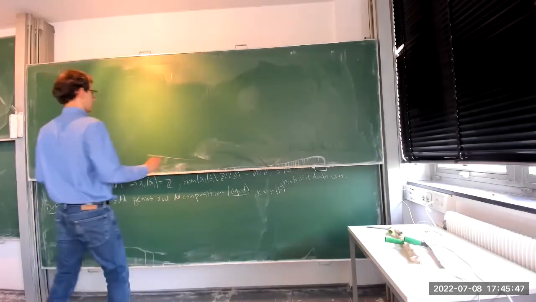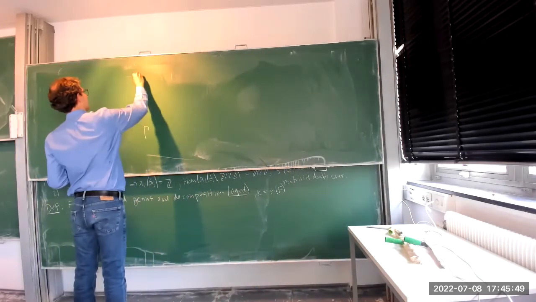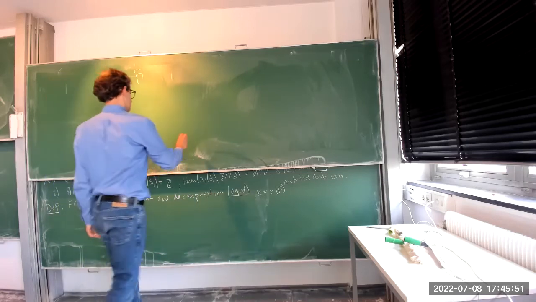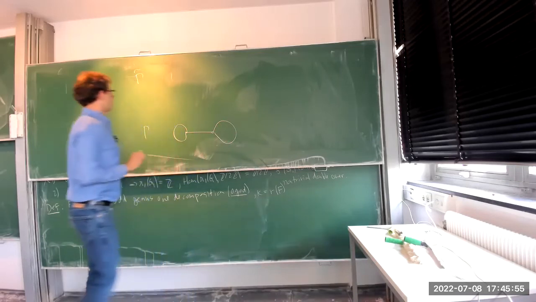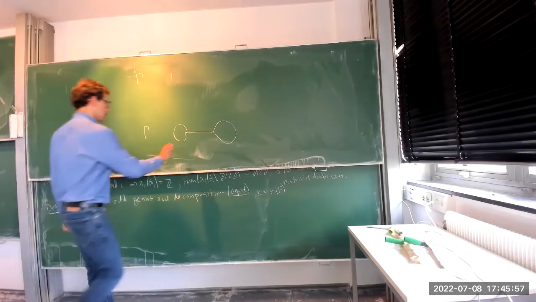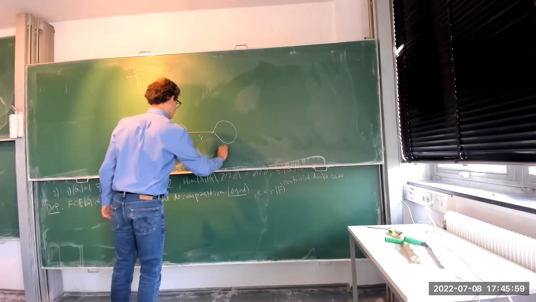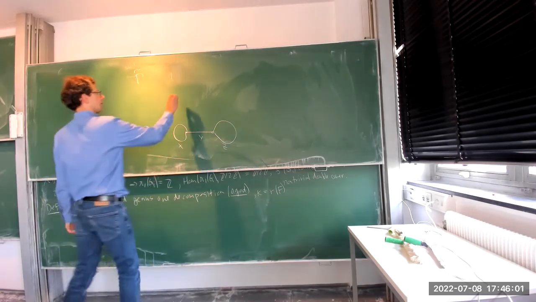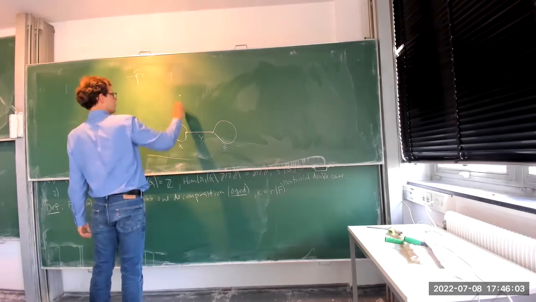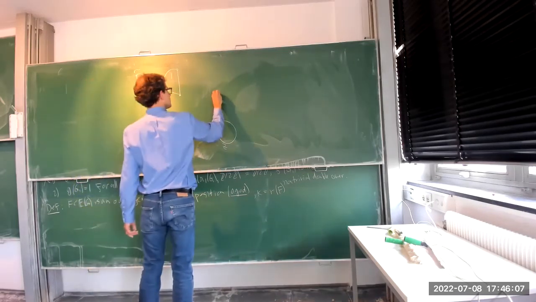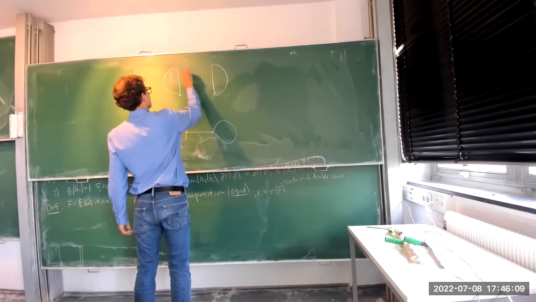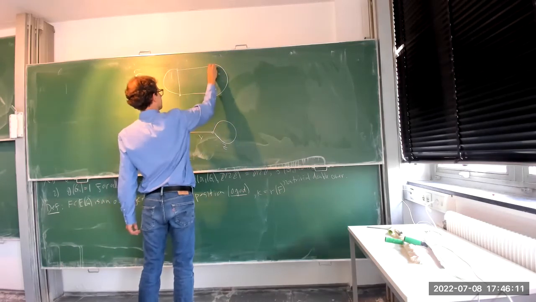So this is my graph gamma tilde. I'm going to look at the following graph. The edges are going to be of lengths x, y, and z. And for the pre-image, I'm going to take both of these loops and resolve them like this. And the edges are going to be connected like this.